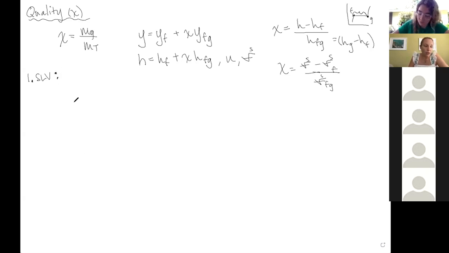This is represented by our area under the saturation curve.